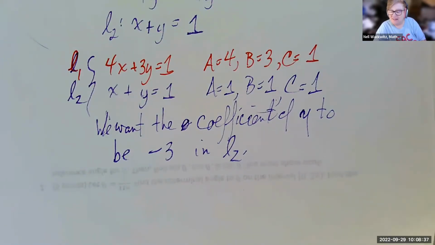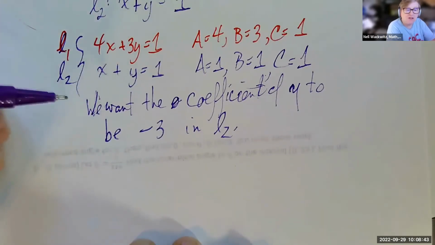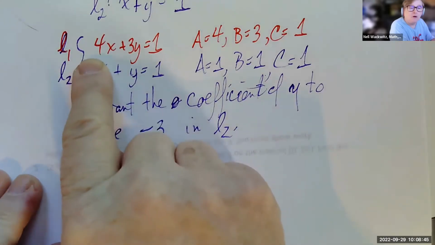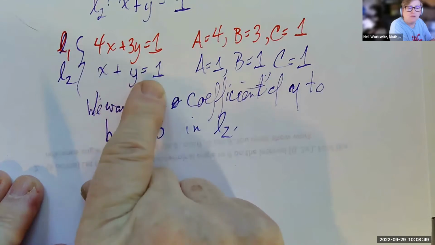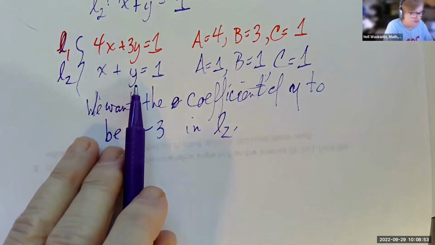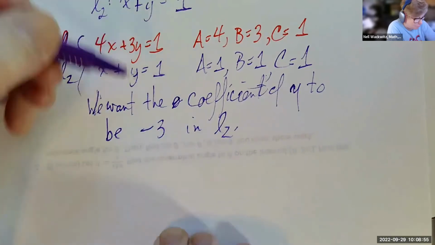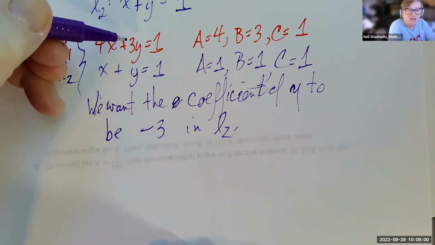I can see you, yay. Okay, good. All right. So we've got 4x plus 3y equals 1, x plus y equals 1, and we're focusing on y's. We want the coefficient of y to be the same, but opposite in sign.